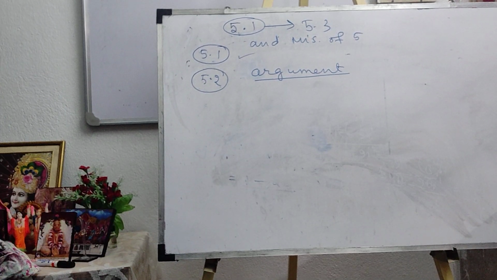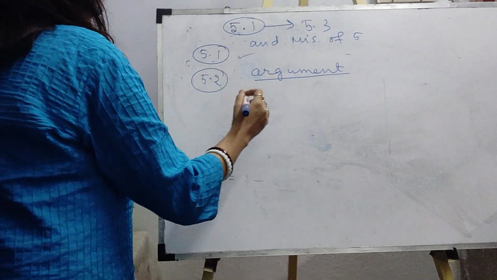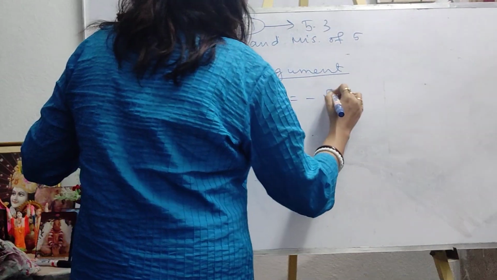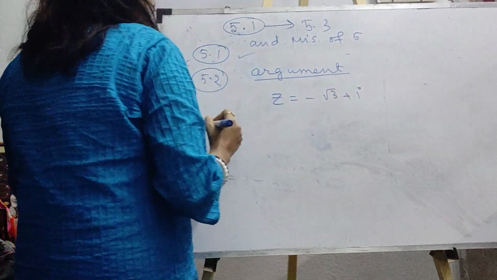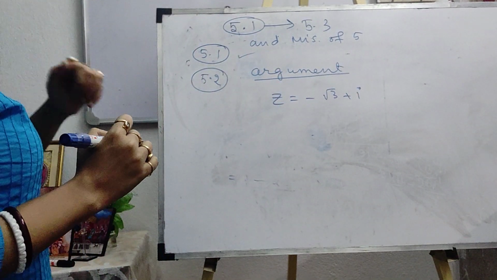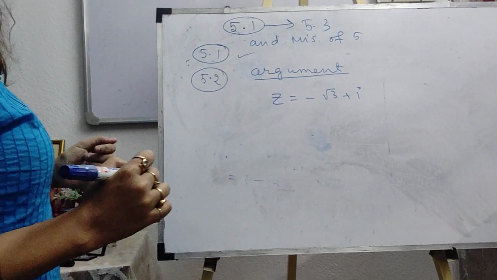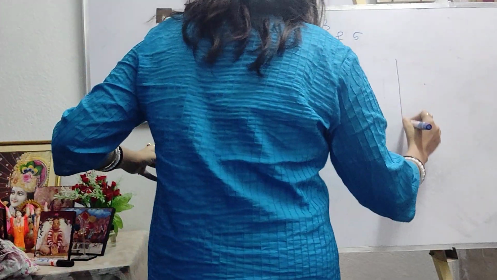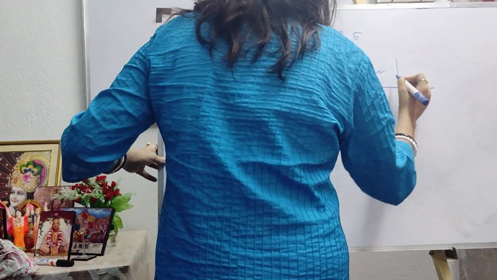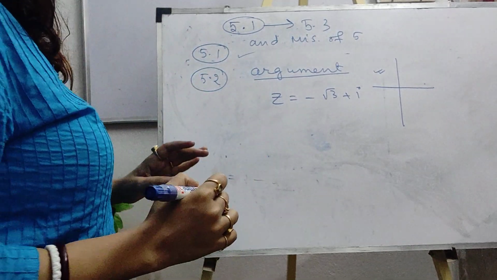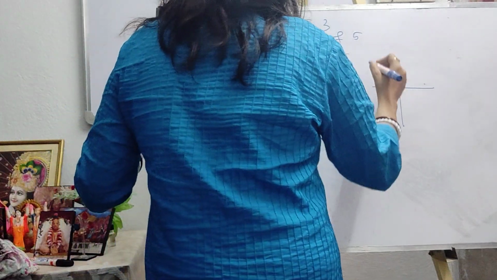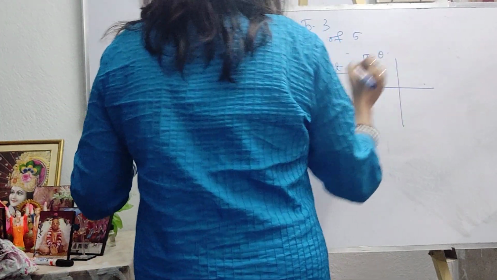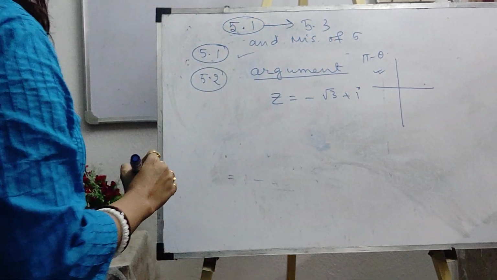Z equal to minus root 3 plus i. So you see x is minus and y is plus. So the point is lying in this quadrant. Okay, this is the quadrant where argument is pi minus theta. So what is theta?